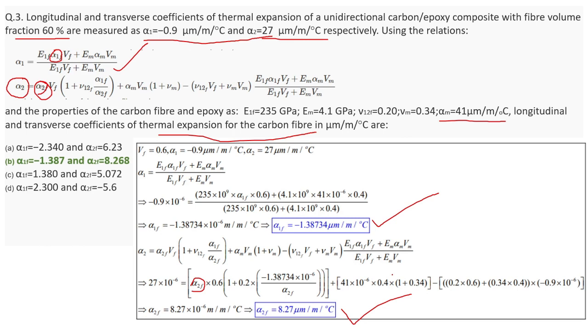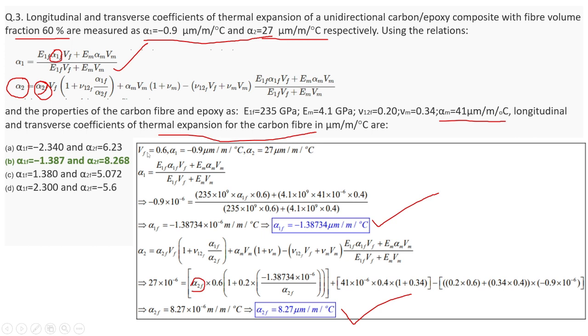Second method, I'm just saying that if the calculation for alpha 2 is too lengthy, you can take the values of alpha 2f from the options. Suppose you take the first option, alpha 2f as 6.23, put this value here, and then it will be easier for you to solve the right hand side, and then you can equate it to the left hand side, alpha 2 value, already known to you.